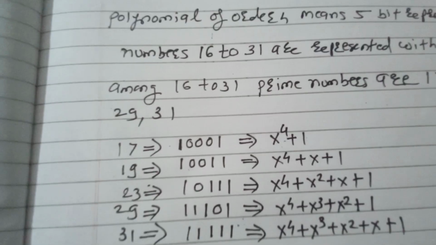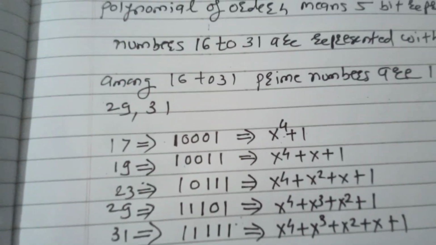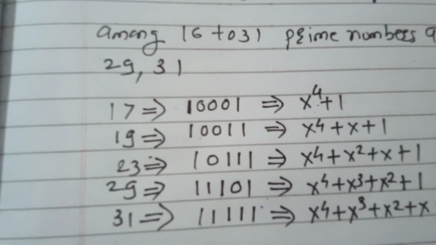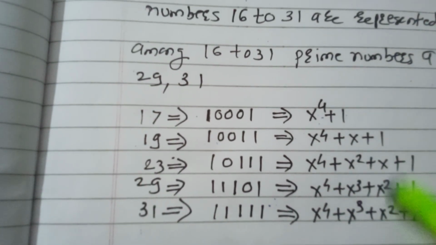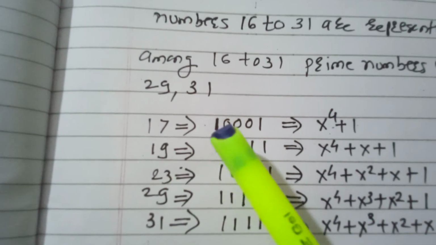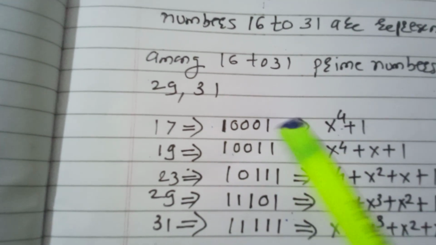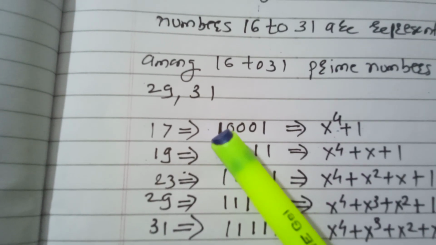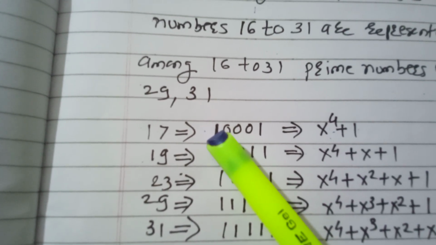So 17 is represented as 10001, and you know how to write the polynomial. If 5 bits are there, this bit corresponds to the degree 4, that is x raised to 4, and its coefficient is 1.